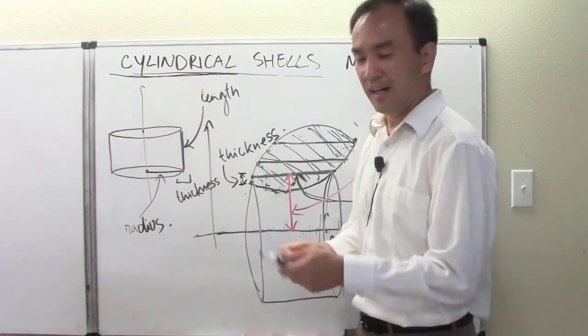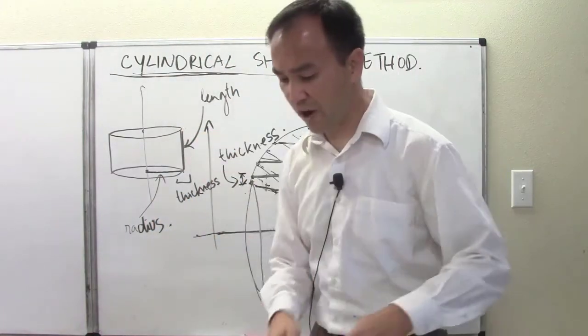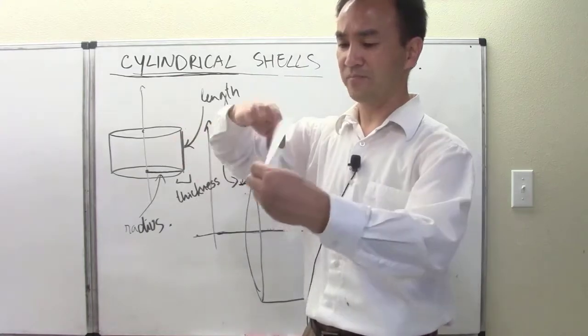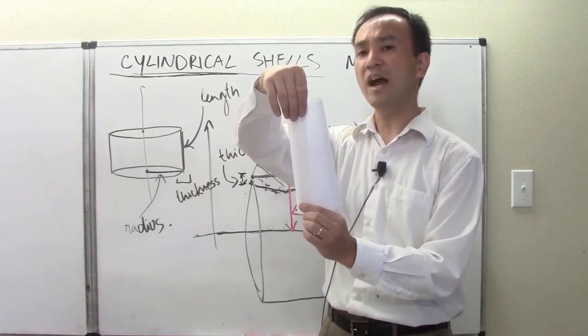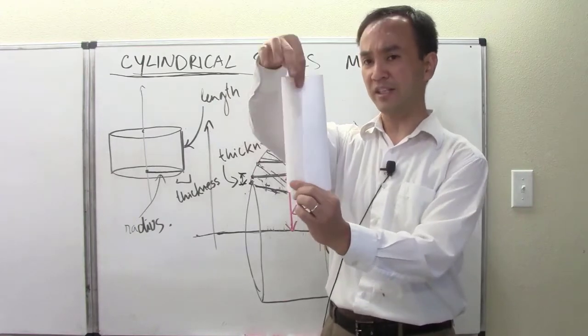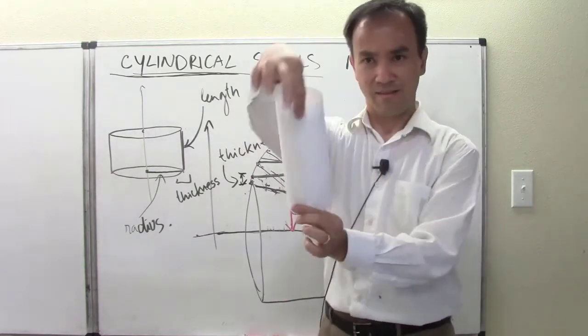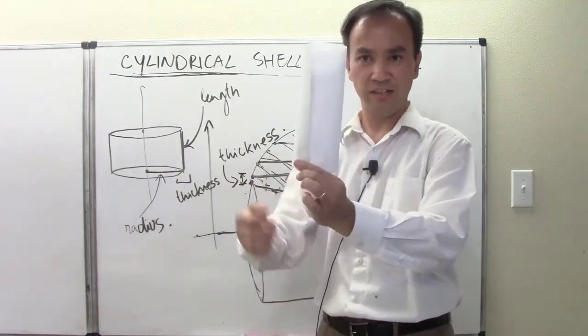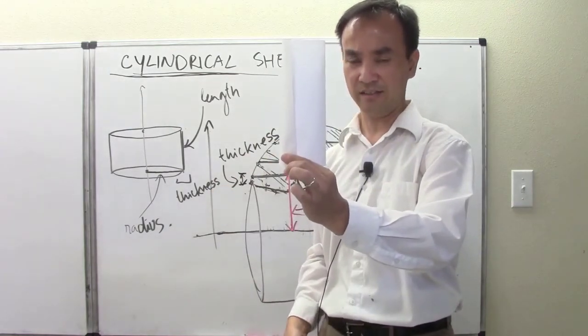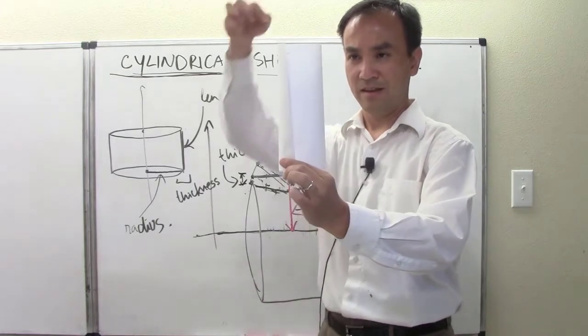All right, and so now to calculate the volume of that, imagine that from where your shell currently is, it's a wrapped-around, rolled-around piece of paper. Looking at that in front of the camera, standing straight up like that, the thickness is here.